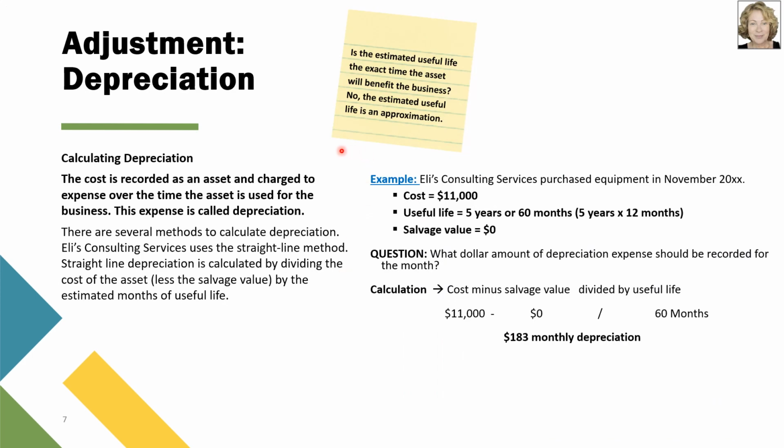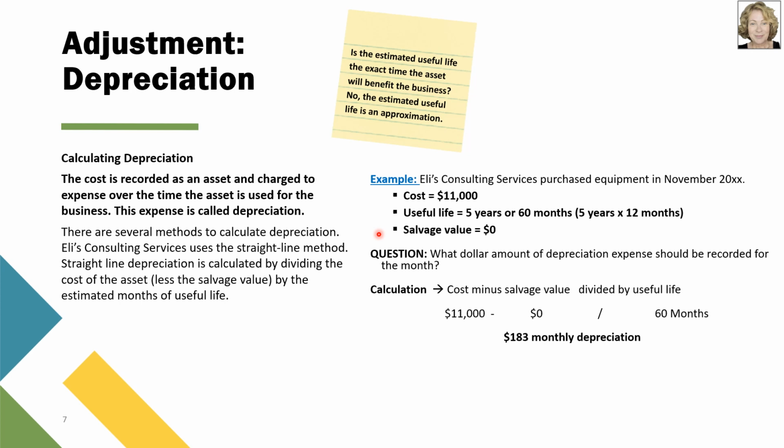Now we're ready to record the depreciation for Eli's Consulting equipment assets. Eli's Consulting purchased equipment in November 2021 for $11,000. The useful life is 5 years, and the salvage value is 0. There are several methods to calculate depreciation, but Eli's Consulting Services uses the straight line method.